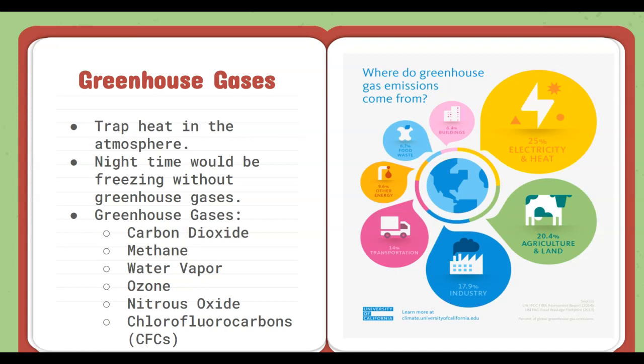So 25% of greenhouse gases come from electricity and heating, 20.4% come from agriculture and land, 17.9% from industry, 14% from transportation, almost 10% from other energy usage, almost 7% from food waste, and around 6.5% from buildings.